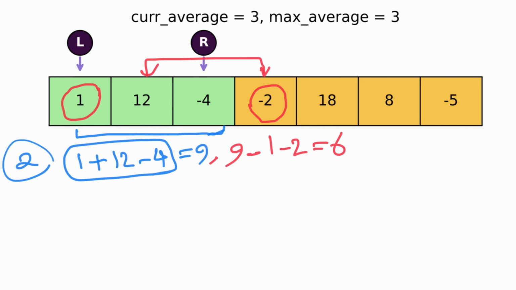So we can see that the summation of this window size is 6. And then when we move our pointer to the next window, we have this. Again, we lose this number, we add this number. That is 6 minus 12 plus 18, which is 12.